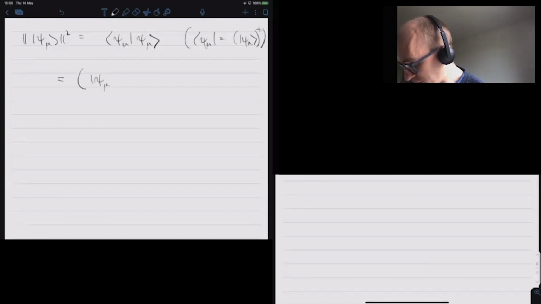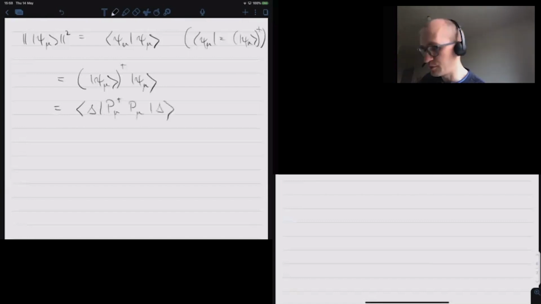So this is psi mu dagger psi mu, which we can write as delta, P mu dagger, P mu, delta. Let's not go too fast.